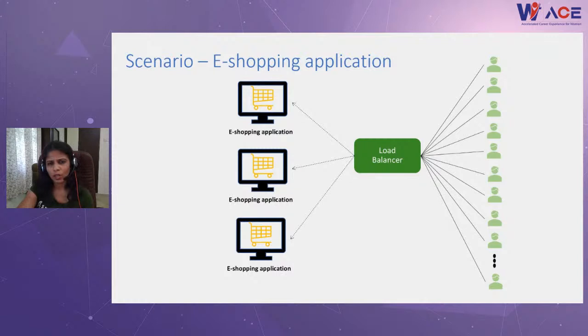Based on the routing policy that you have implemented inside your load balancer, the load balancer routes the request to any one of the servers. Hence, the traffic is getting split, and the load on the servers is being distributed.